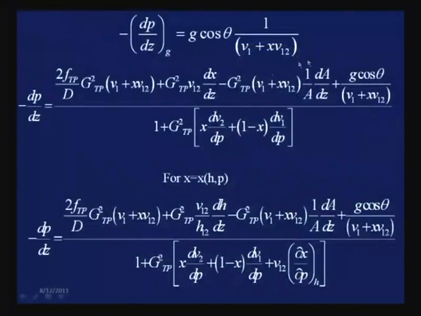homogeneous flow condition. The entire thing has been written down in this particular slide and this is the final expression which we have derived. Now, if you observe this particular expression, what do you get? You find out that more or less all the terms are input parameters except FTP.